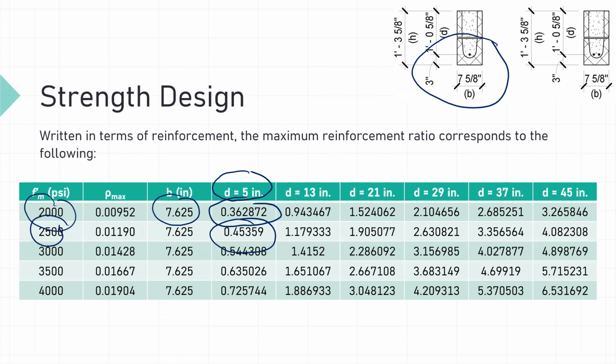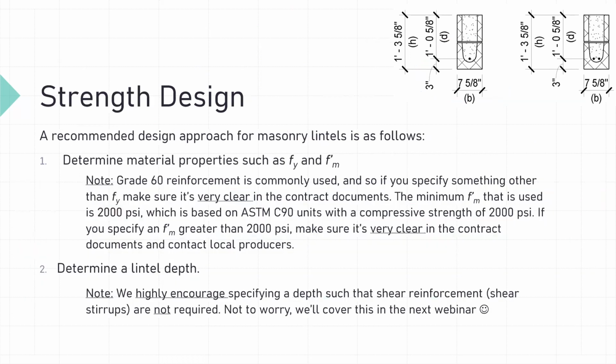Which is fine, but with our maximum reinforcement requirements, we would technically exceed our maximum allowed amount of reinforcement with a 2000 psi f'm. So again, this table is available. If you're interested in it, send me an email and I can give it to you. But this is just our maximum reinforcement area in terms of our rho max, or maximum reinforcement ratio.